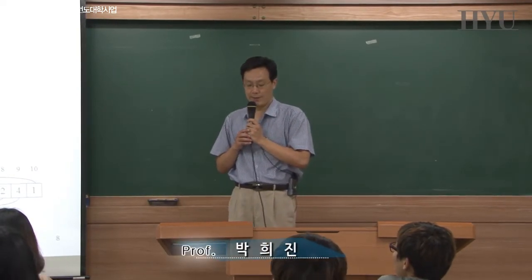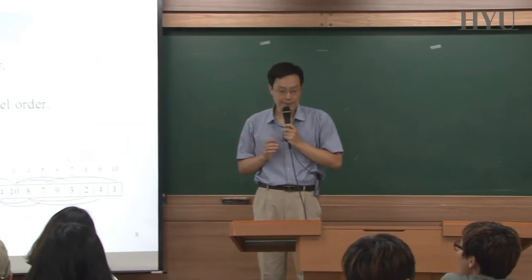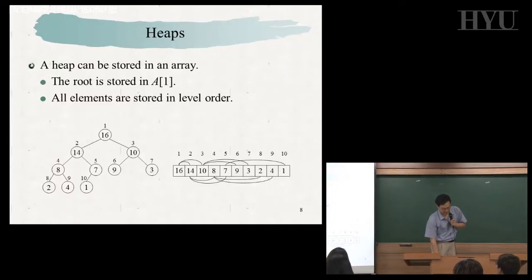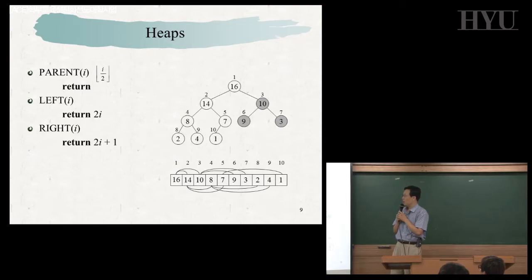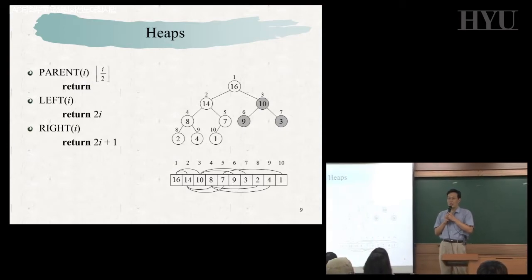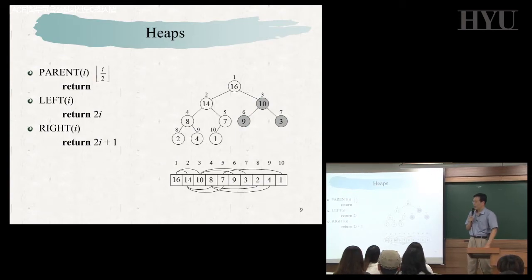I also explained a heap can be stored in an array. And in an array, we can access the parent node and the child node in constant time using these formulas.